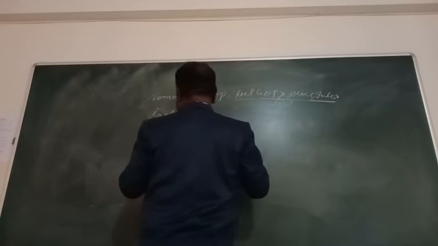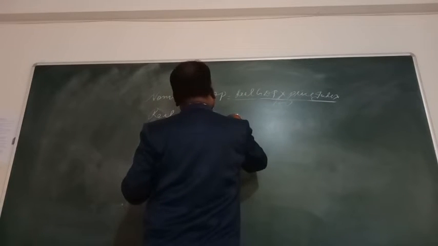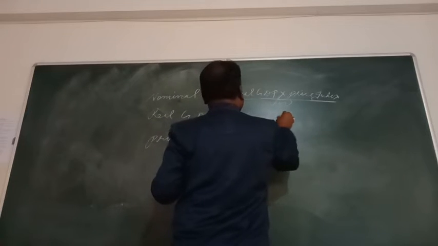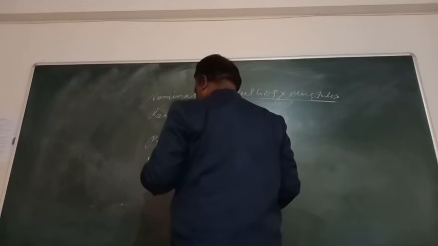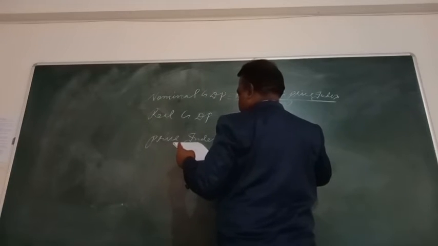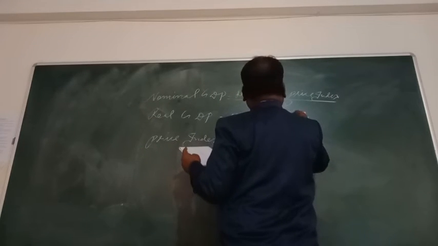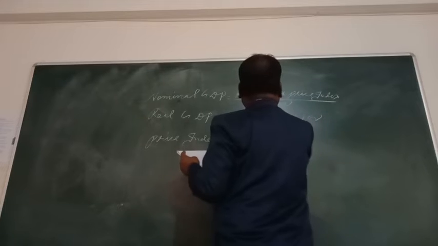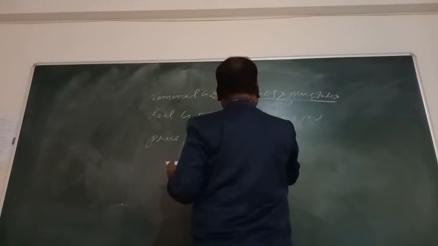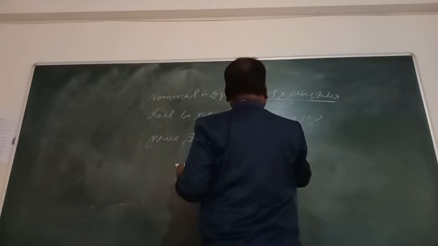Now the real GDP formula is nominal GDP multiplied by 100 upon price index.